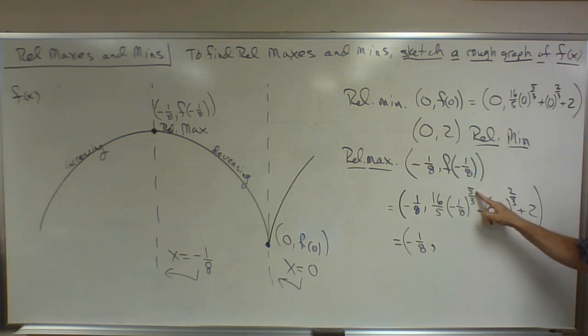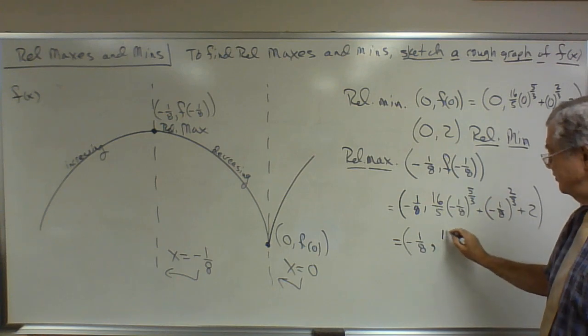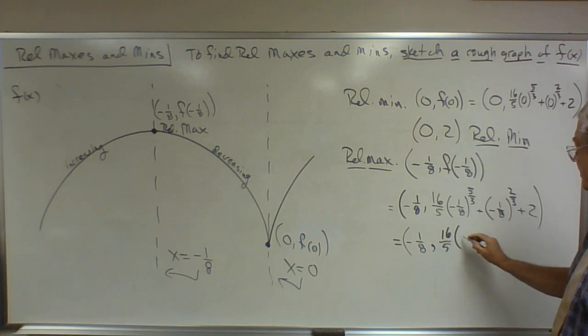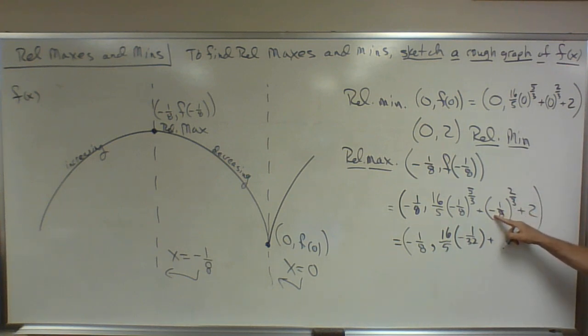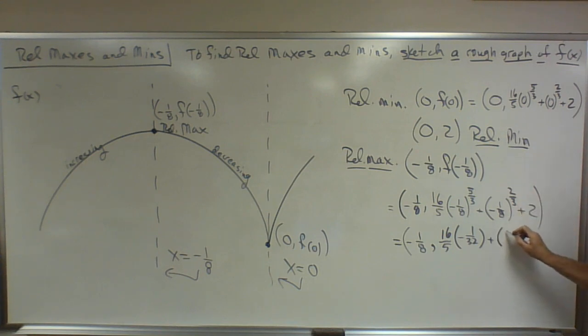And we raise that to the 5th power, that's negative 1/32. So we're going to have 16/5 times negative 1/32. Okay, and here, to compute negative 1/8 to the 2/3, we compute the cube root of negative 1/8, which is negative 1/2, and then we square it, which is positive 1/4.